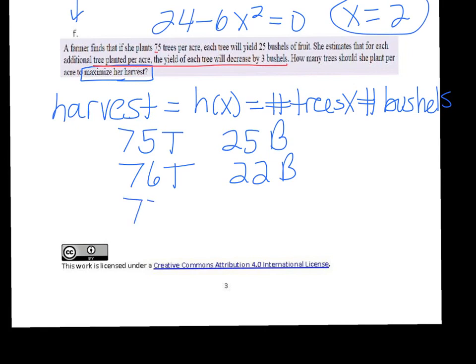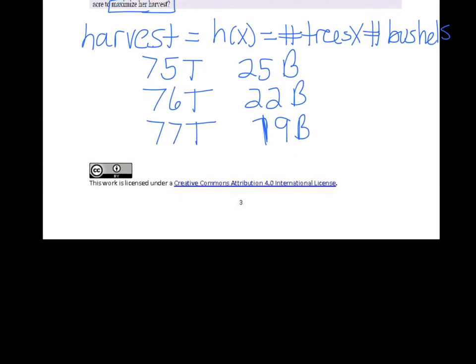And one more, if we do 77 trees, we're down to only 19 bushels. So based on that, we're going to try to figure out what this h of x is.